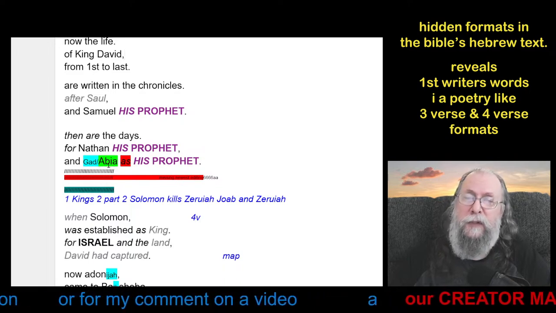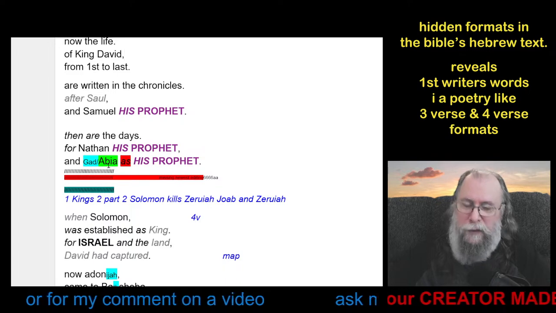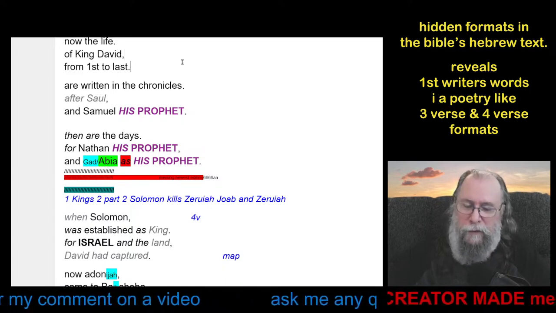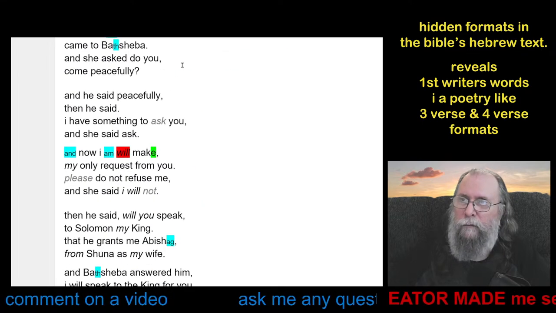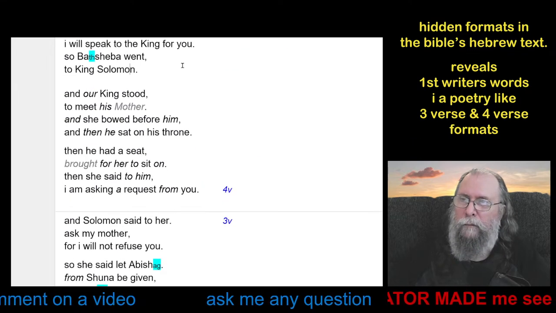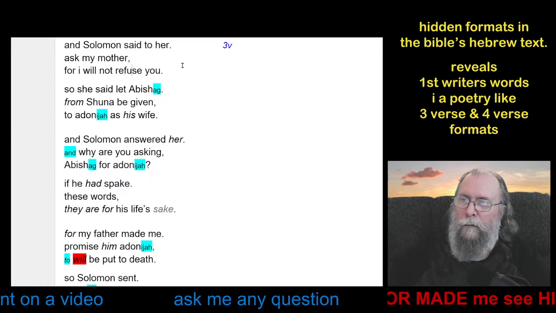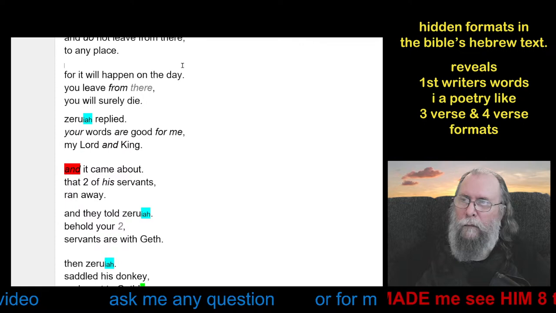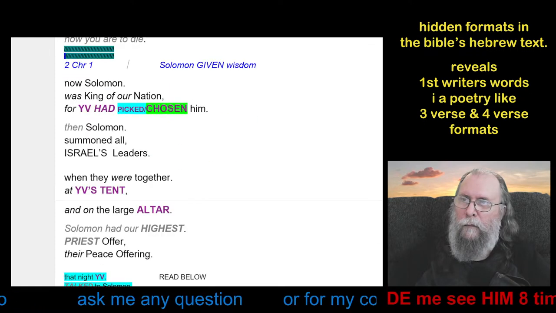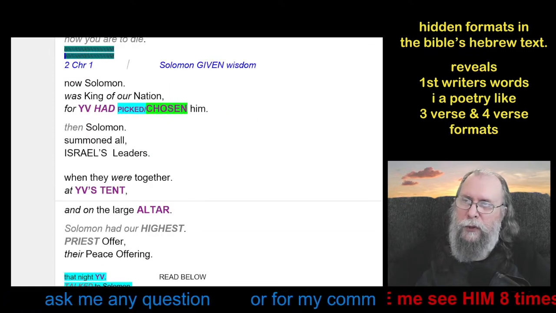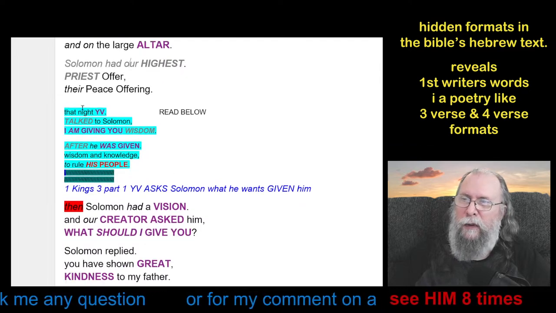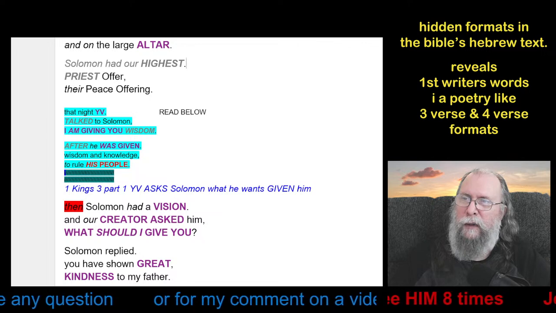So outside of the tent for meeting, that's very important to establish that he is a prophet. It shows up. So this text is better down below.